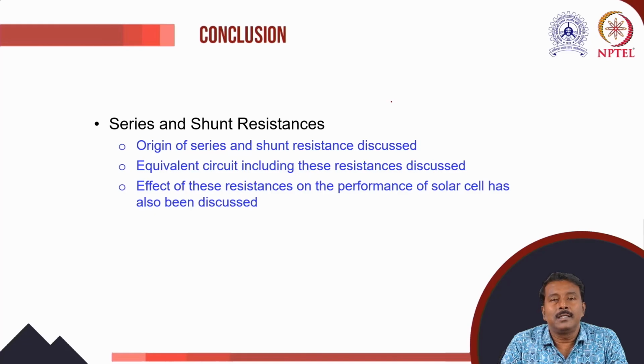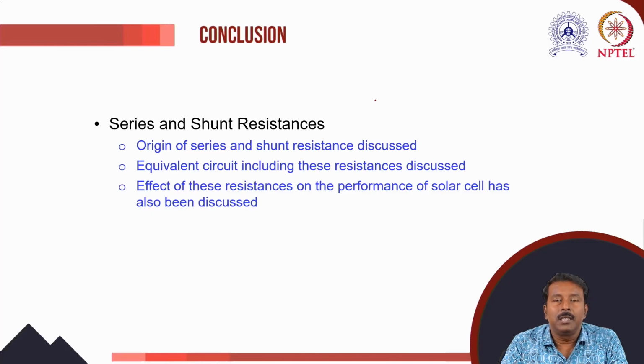Shunt resistance affects the slope near the short circuit current point in the curve, and series resistance affects the slope of the curve near the VOC point. Ultimately, in both cases, fill factor will be reduced. Since fill factor is reduced, efficiency is also reduced.